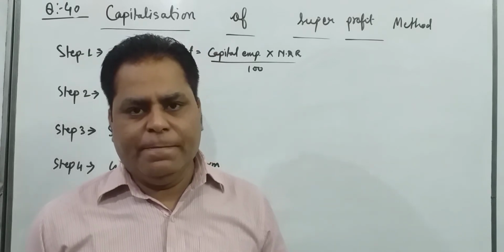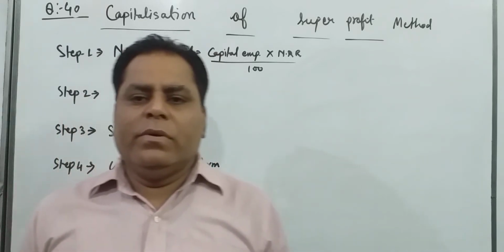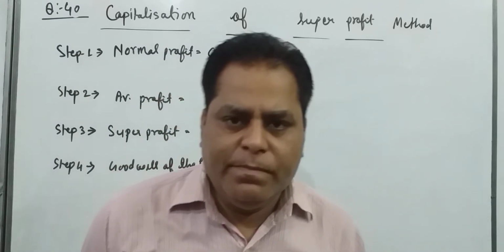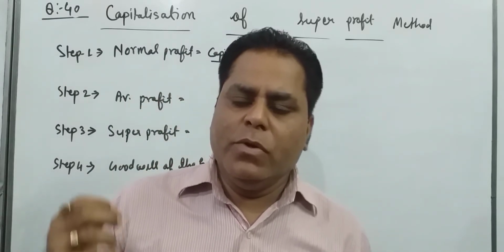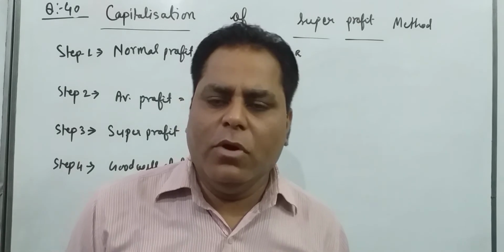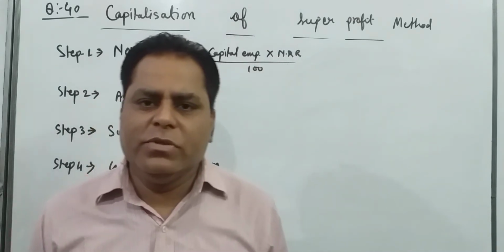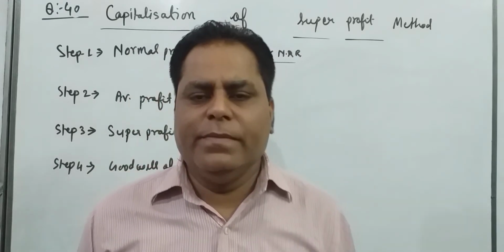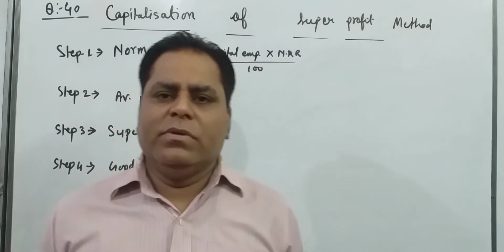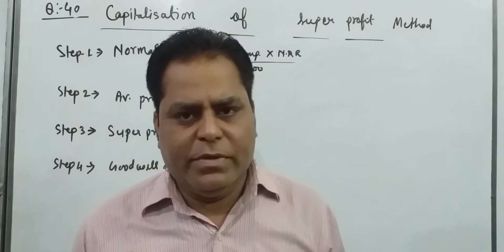In this question, we have to determine goodwill of the firm by applying both the formulas of the capitalization method: capitalization of average profit and capitalization of super profit.